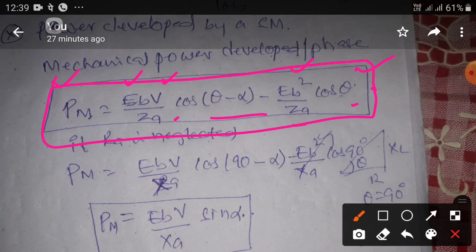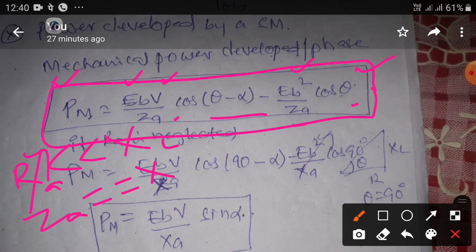If the armature resistance value is very low compared to the synchronous reactance, then we can neglect it. So ZS is equal to XS.